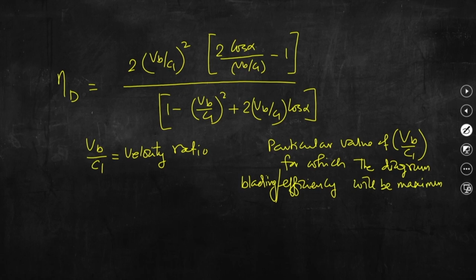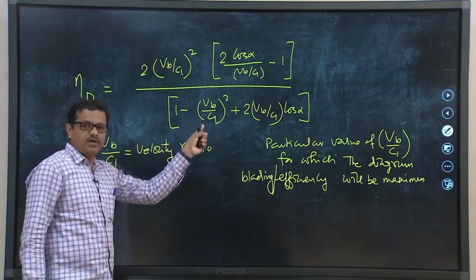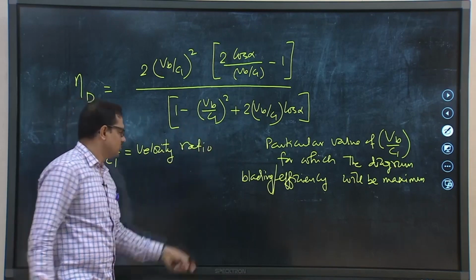That means we need to differentiate eta d with respect to Vb by C1 and then equate it to 0.